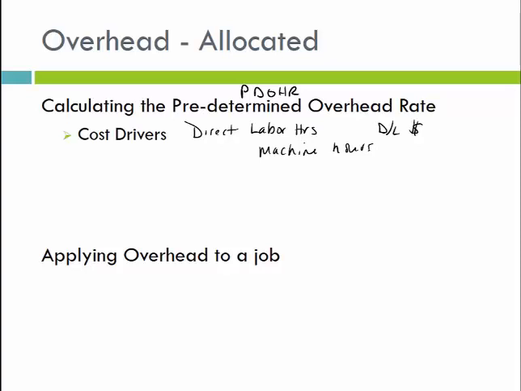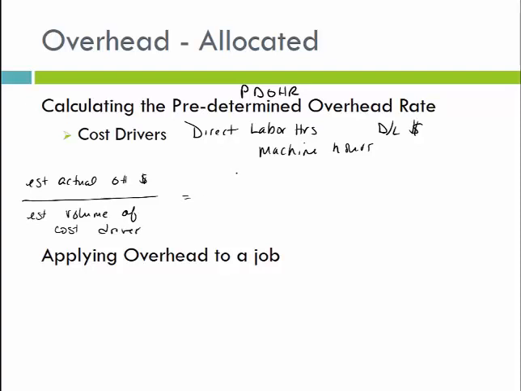You get into some other ones that can get a lot more complicated, but for now we'll just stick with those three. So at the beginning of the year, you take your estimated actual overhead dollars, what you think your total manufacturing overhead cost is going to be, and then you divide that by the estimated volume or quantity of whatever your cost driver is.